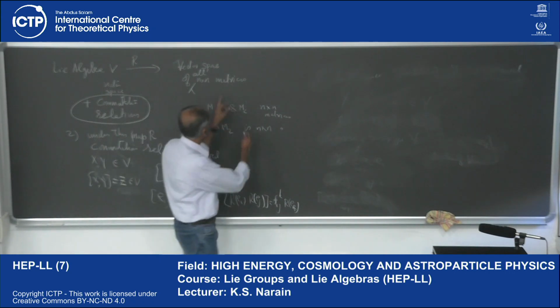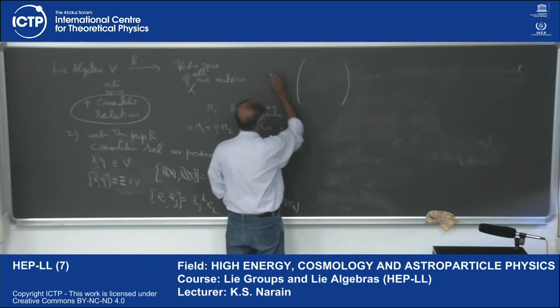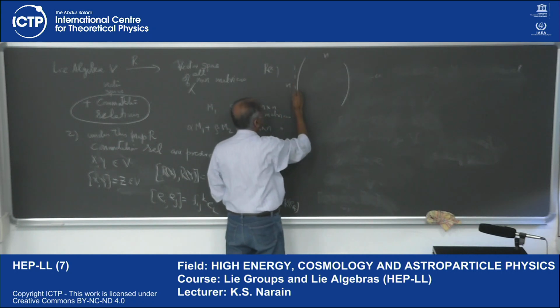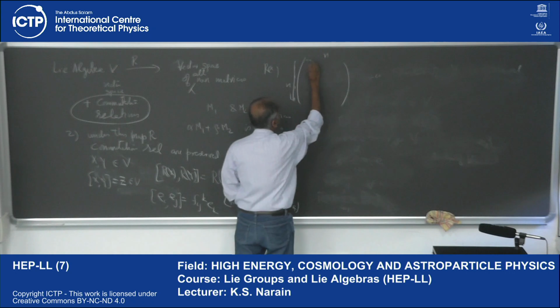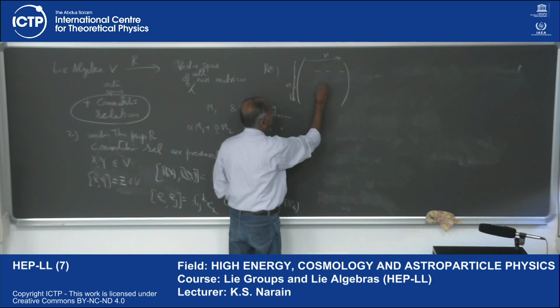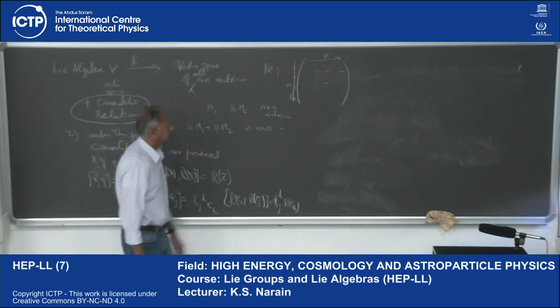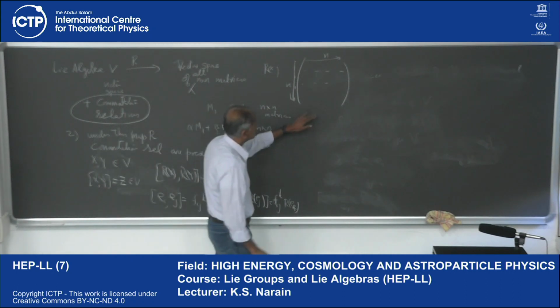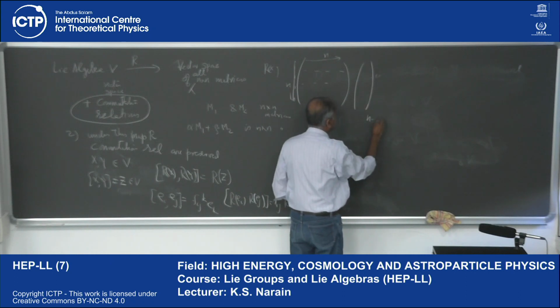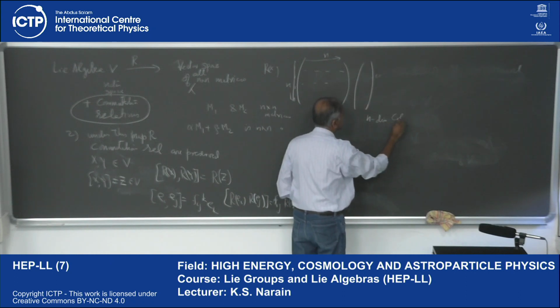Because this n by n matrix, whatever this R of x is, has n columns and n rows with various entries, I can think of it as acting on an n-dimensional column vector.